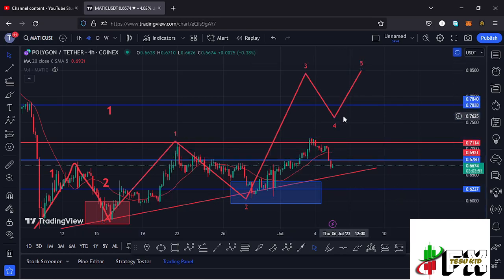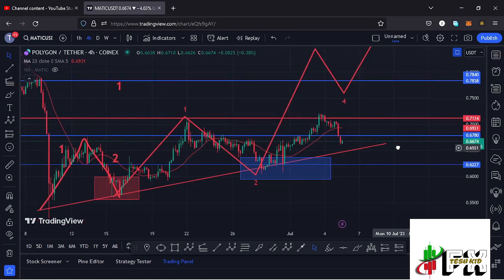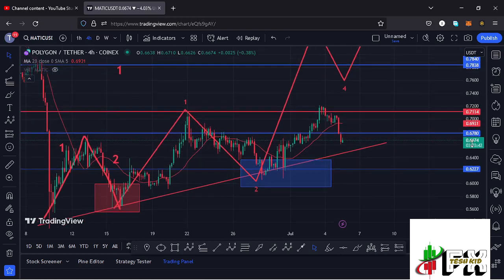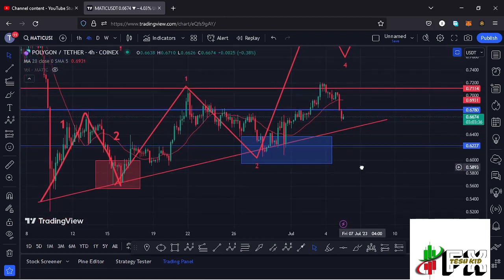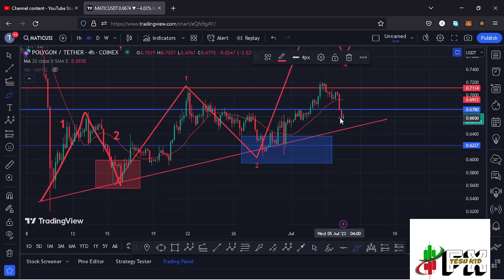Those are my breakout targets, but we also need to have some breakdown targets, in case further breakdown continues and maybe at some point Matic loses our trend line that we have here on the charts. In case such a move plays out, then the first area of support that we need to keep our eyes on is the area at around the $0.6227 mark, where we can find support and then bounce back once more.